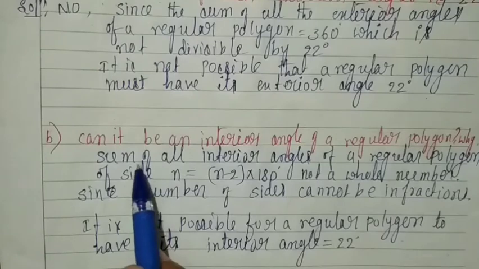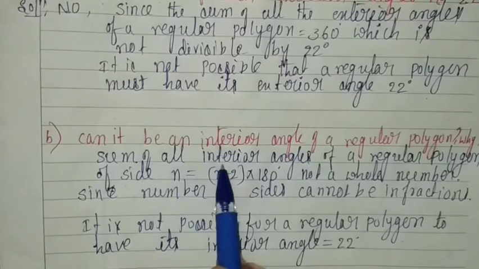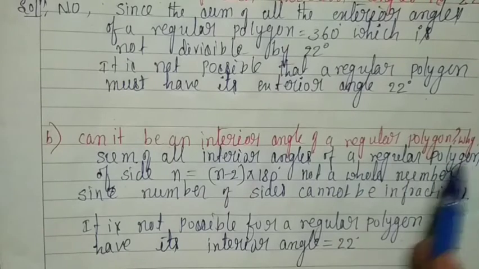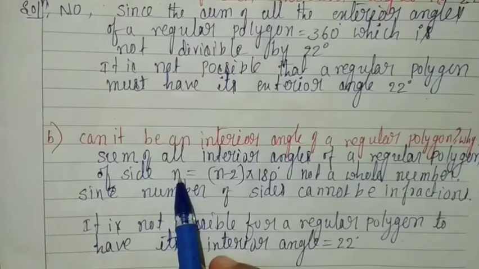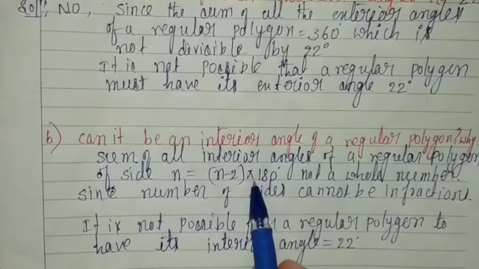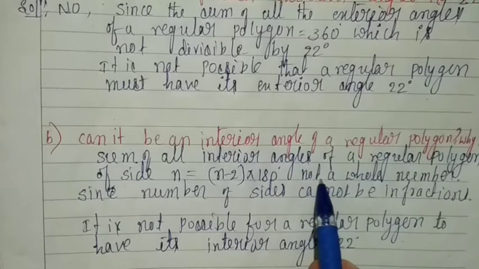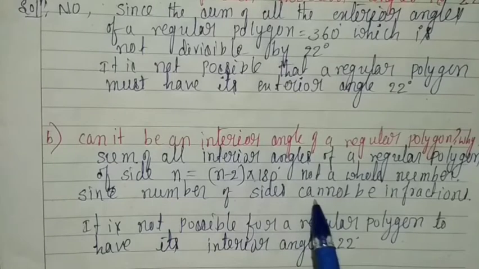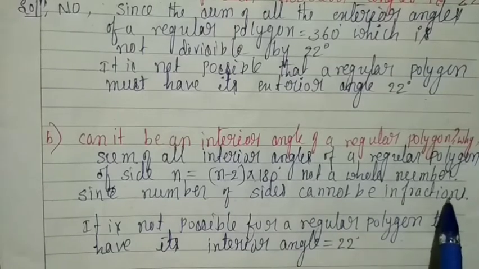Once again, sum of all interior angles of a regular polygon of side n is equal to, already know that, n minus 2 into 180 degree. Not a whole number, since number of sides cannot be in fractions.